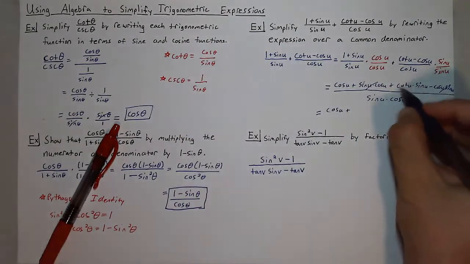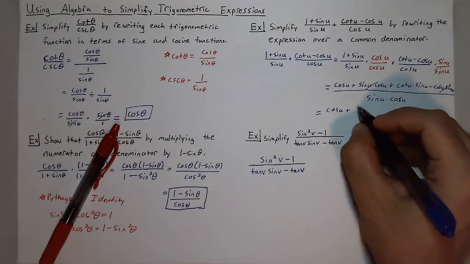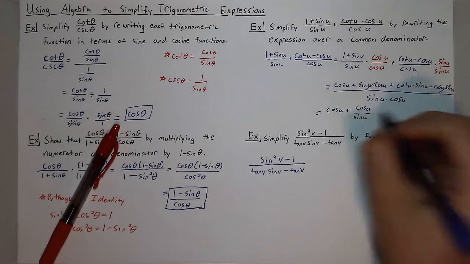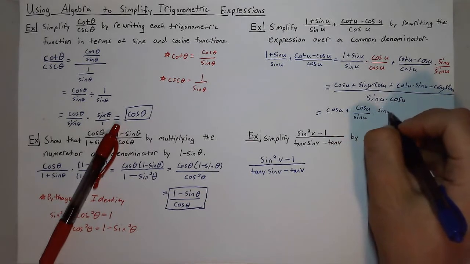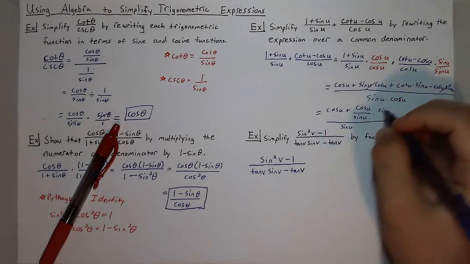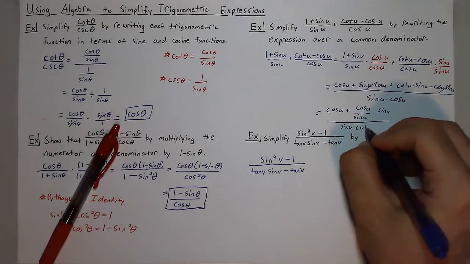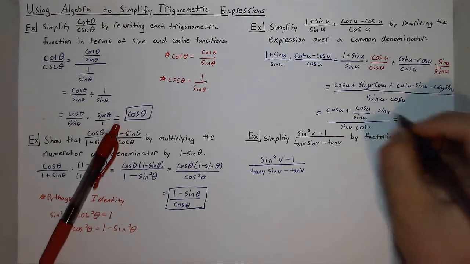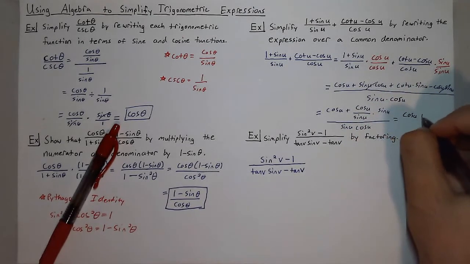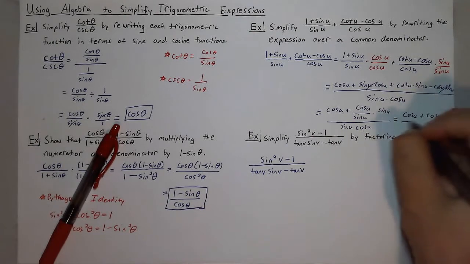So cotangent can be rewritten as cosine of u over sine of u, which is times that sine of u. Within the sines cancel, I'll just have cosine of u plus cosine of u all over sine of u cosine of u.